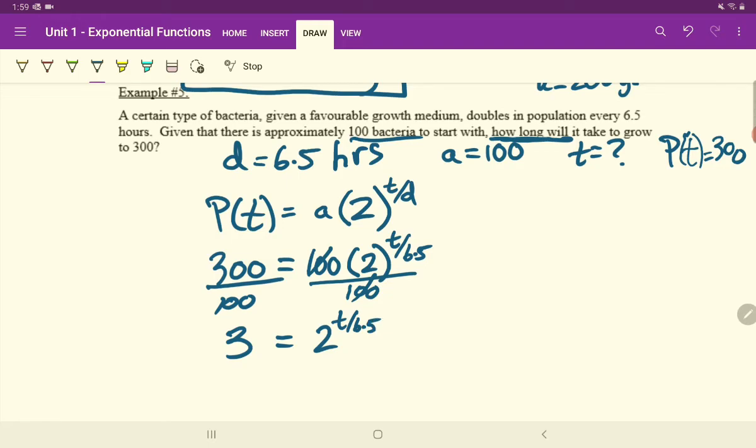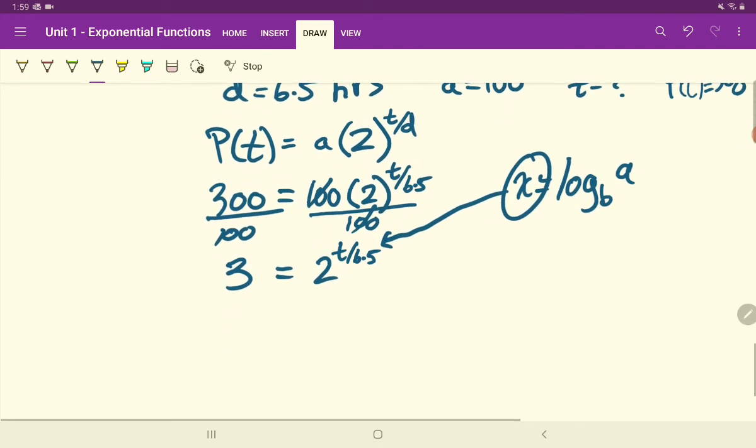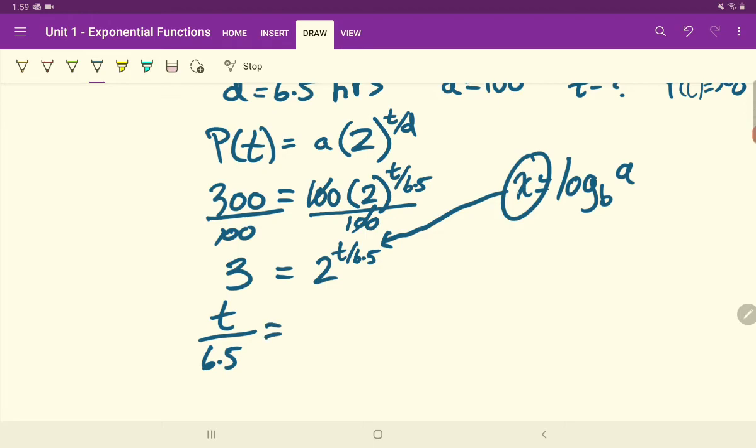Okay, so we can solve for this whole exponent, t over 6.5. If we convert it, remember, x is equal to the log of a to base b, except in our case, our x is a fraction, t over 6.5. So t divided by 6.5 is equal to the log, this is our a, this is our b.